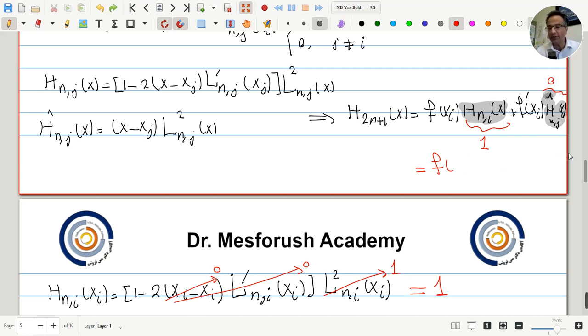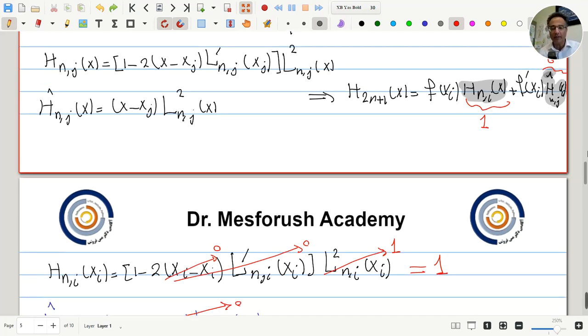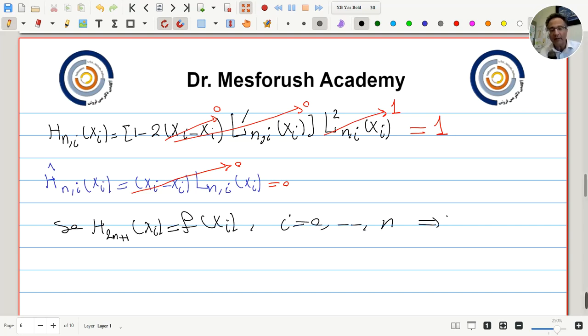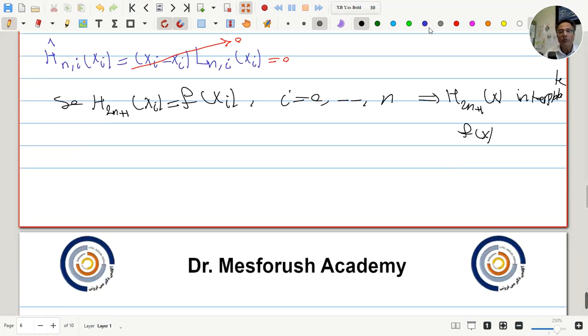Let me clear this one and write something here. So H_{2n+1}(x_i) will be equal to f(x_i) for i equal to 0 to n, and it means H_{2n+1}(x) interpolates f(x).